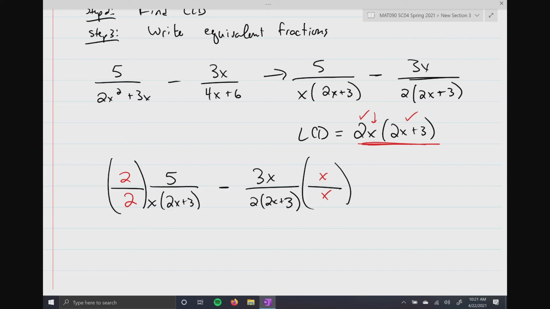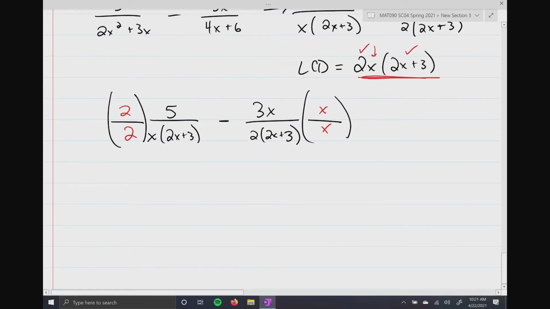Okay, how are we looking? Pretty good? All right, here's my next move. I already know that my LCD for both fractions now is the same. So what I'm going to do is write what my LCD is. And I'm going to write the entire numerator the exact way it looks right now.